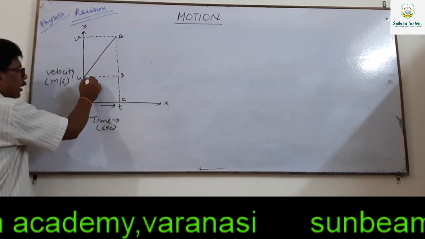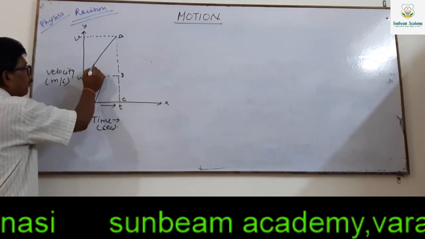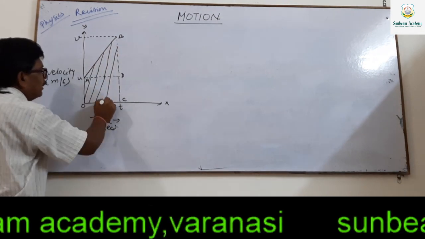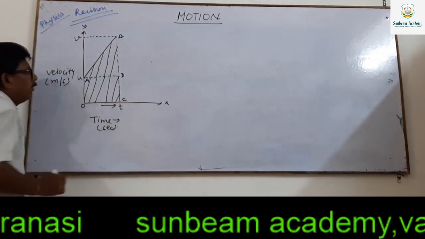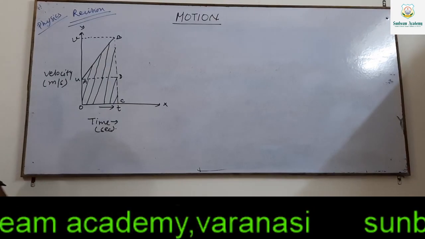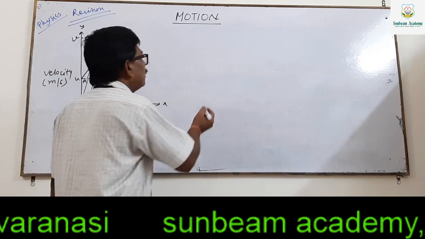We will take the area covered by the velocity time graph. What does it give? The area covered by the velocity time graph gives the distance or displacement.